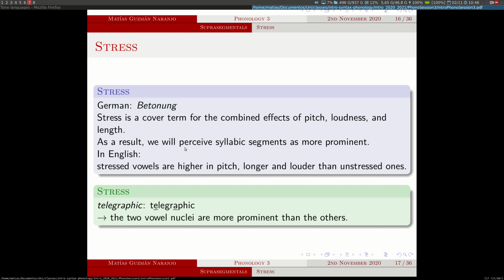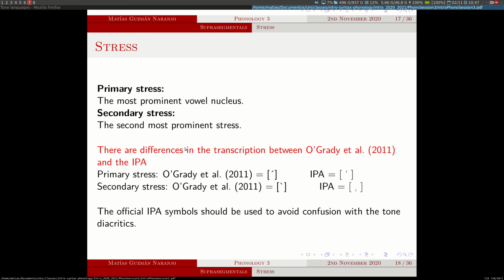In Spanish, it's even more pronounced. For example, you can hear the difference between canto and canto, and those are two different cells in the paradigm of cantar, which is to sing. And the main idea is that it makes one syllable more prominent than the other syllables in a word. There are two types of stress.